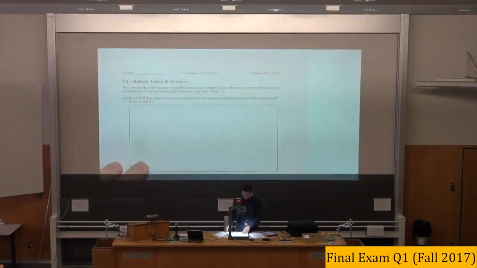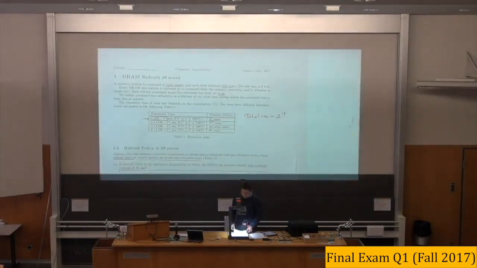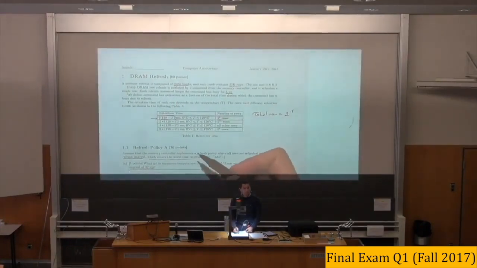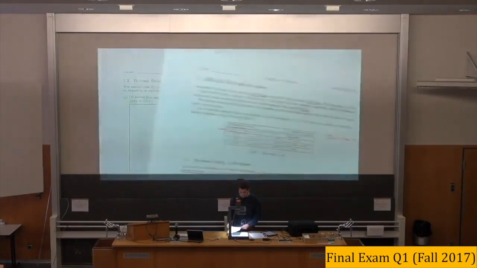So for the second policy, it says that the memory controller refreshes the rows when it is needed. Basically, what does it mean? Given a temperature, if you need to refresh a row, based on this table, the memory controller basically refreshes it.